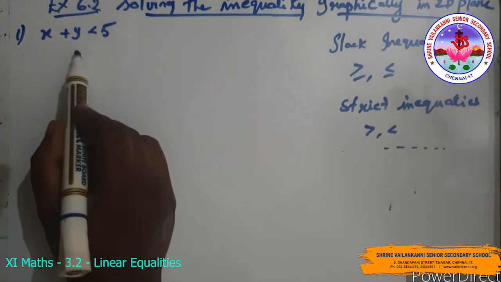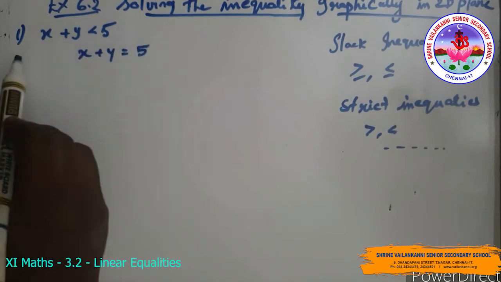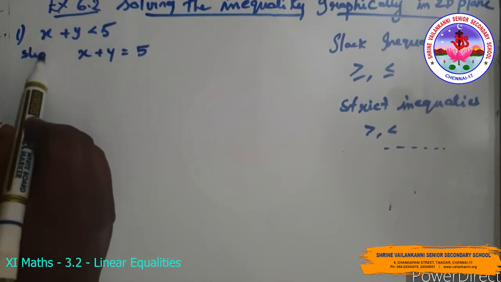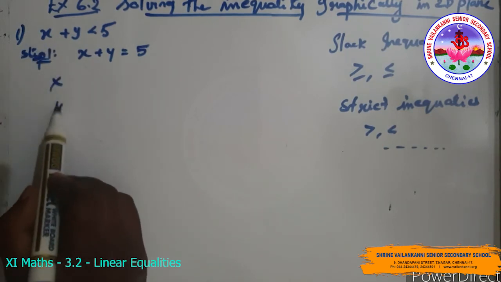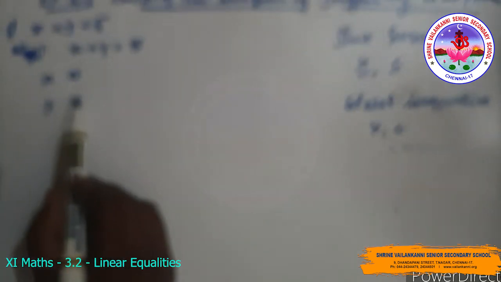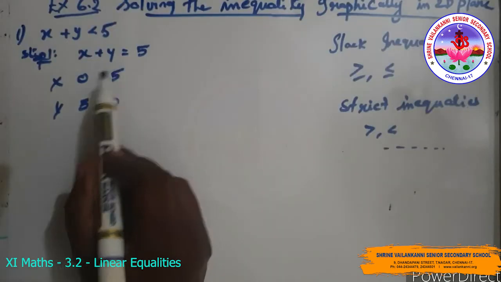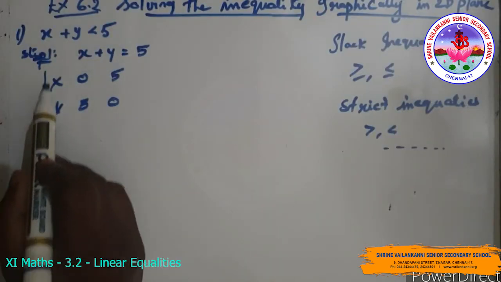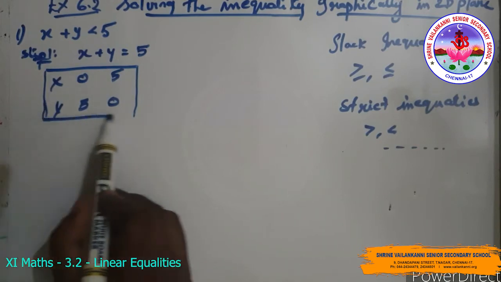We take this inequality as x plus y equal to 5. Step 1: when x is 0, we get y equal to 5. When y is 0, we get x equal to 5. We have to draw the graph using these points.